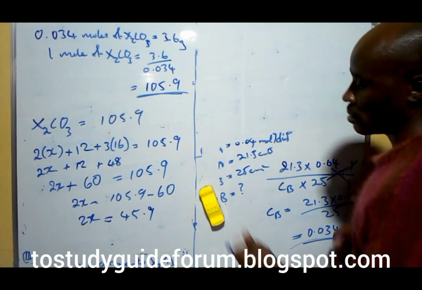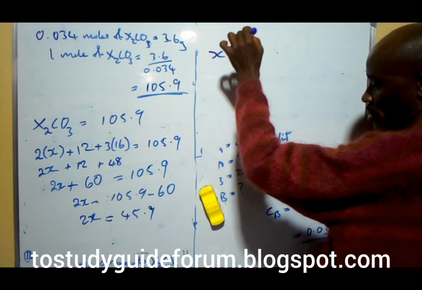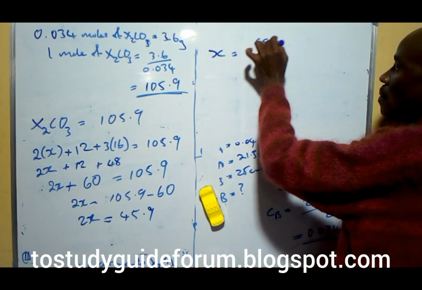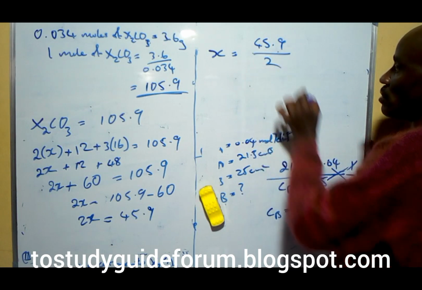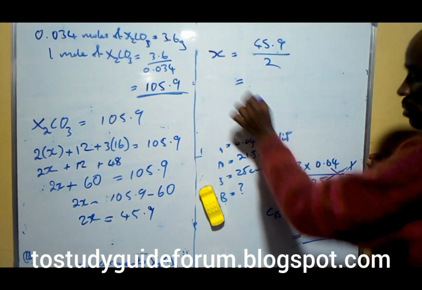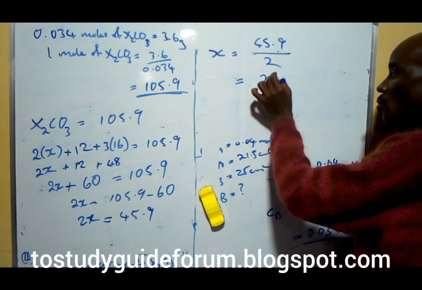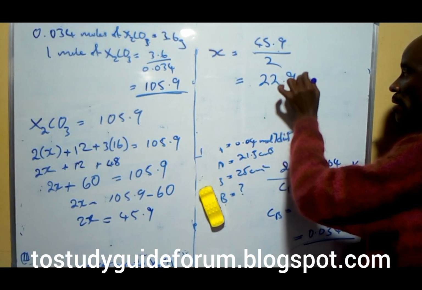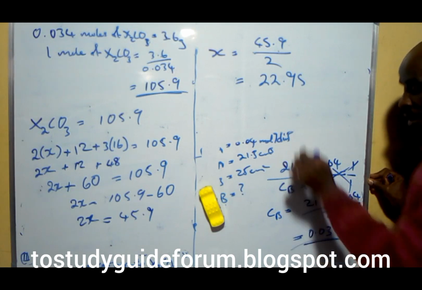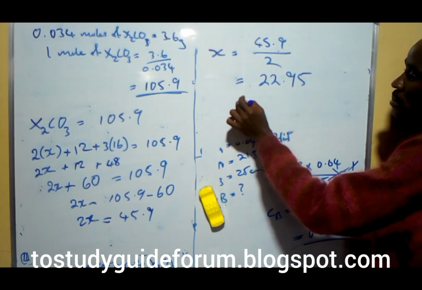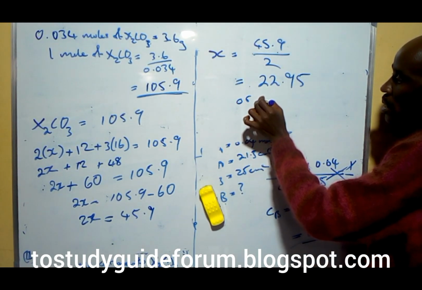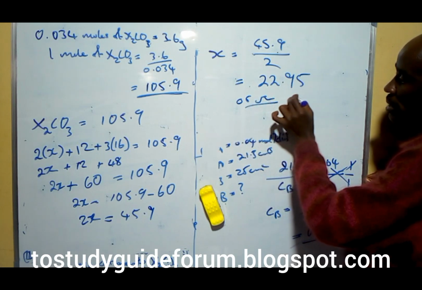Then X will be 45.9 over 2. That will give us 22.95, or approximately 23.